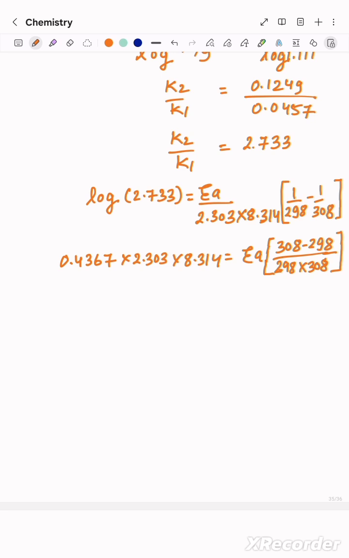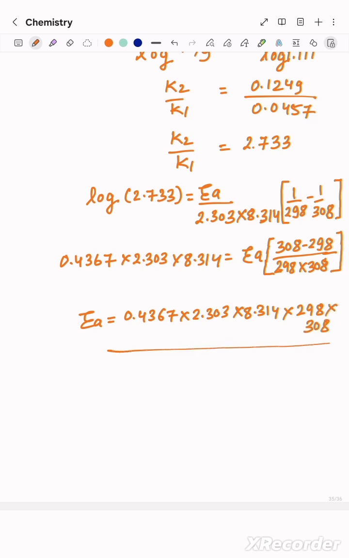So after solving, EA is equal to 0.4367 multiplied by 2.303 into 8.314, multiplied by 298, multiplied by 308, upon 308 minus 298, that is equal to 10.